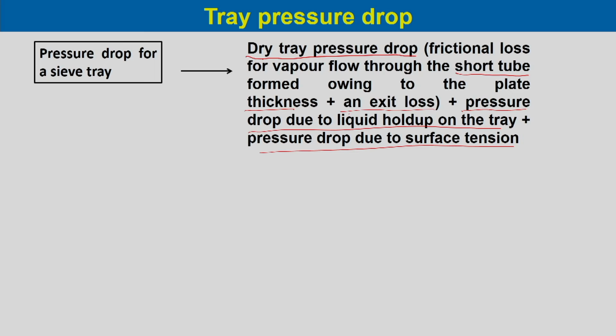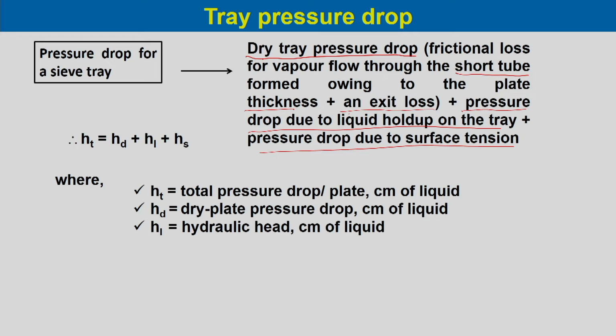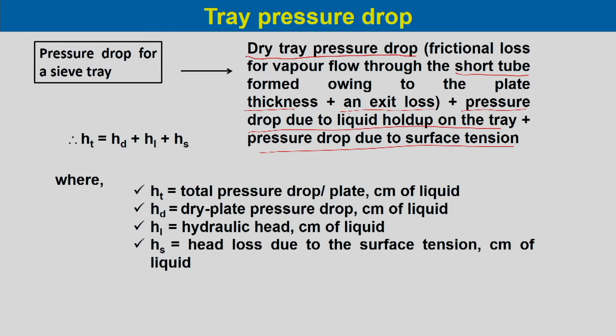So, we can write the equation HT equals HD plus HL plus HS, where HT is the total pressure drop per plate in centimeter of liquid, HD is the dry plate pressure drop in centimeter of liquid, HL is the hydraulic head in centimeter of liquid, and HS is the head loss due to surface tension in centimeter of liquid.